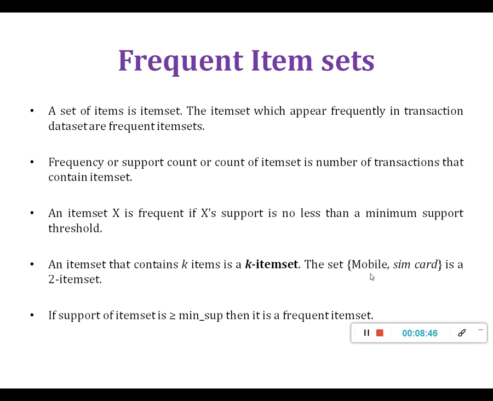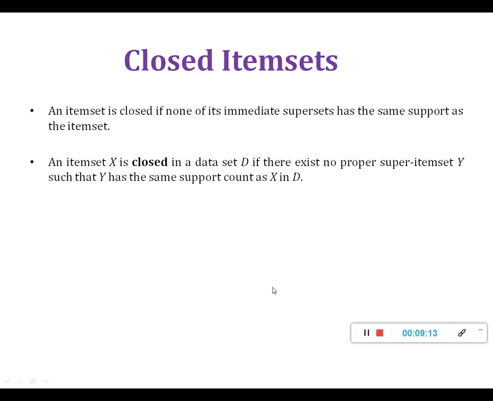In this example, mobile and SIM card is a two item set, because k is equal to 2 here. Whatever item set we have chosen, whether mobile and SIM card or any other, its support value or frequency count should be greater than the minimum support. Then and only then can we call a particular item set a frequent item set.